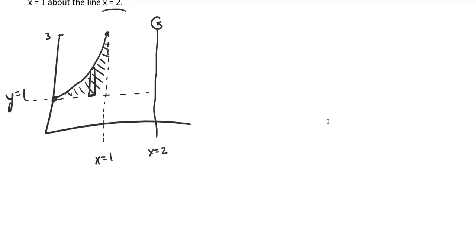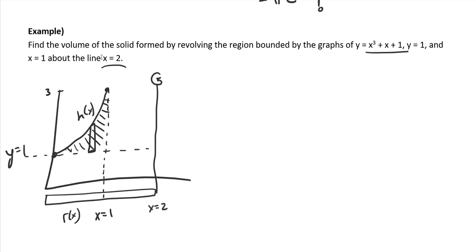Our r of x is all the way from here, because that's our axis of revolution. Okay, so our r of x is all the way over there. All right, so because this is a vertical axis, like shell method here, I have to use the values on the x-axis. So 0 to 1. Okay, 0 to 1.